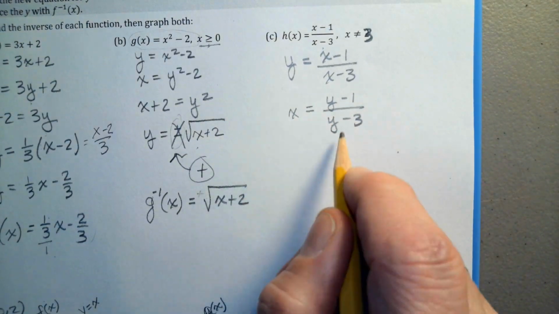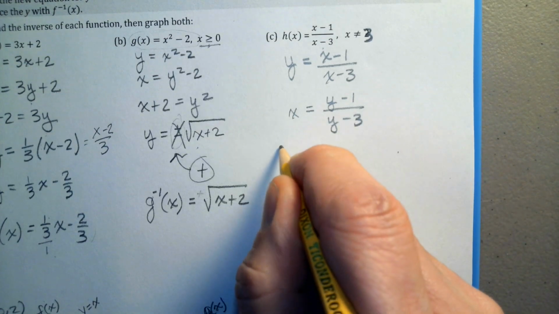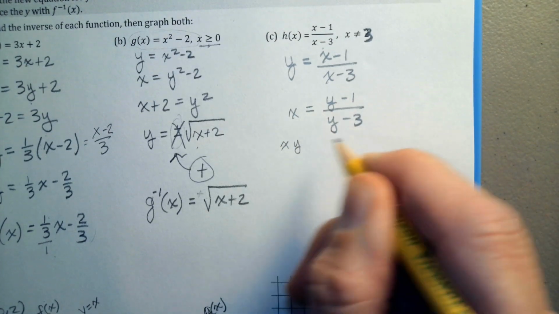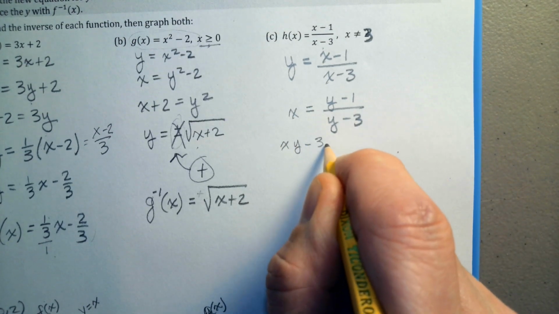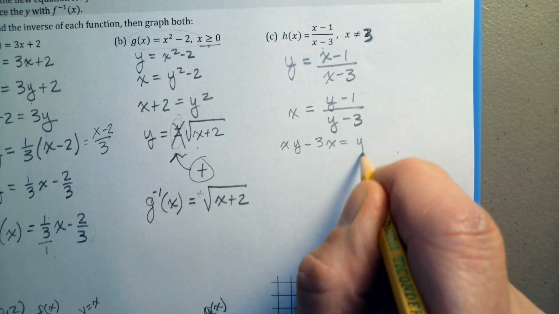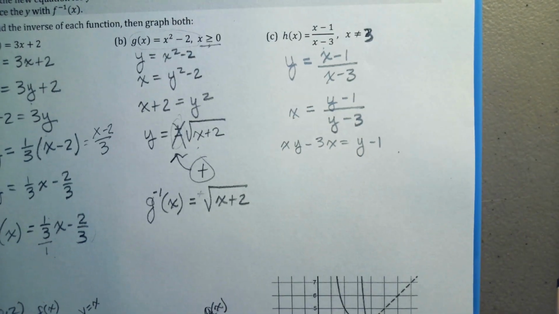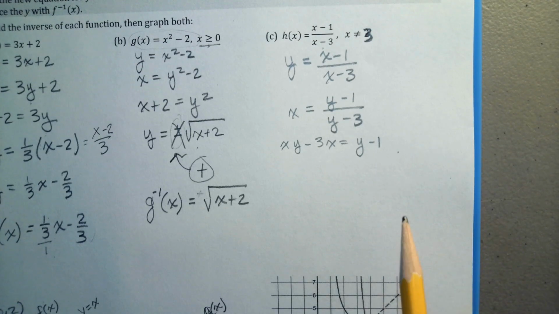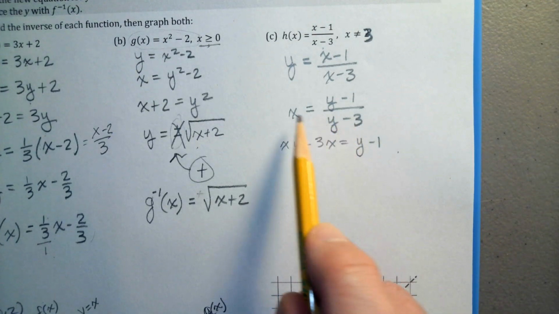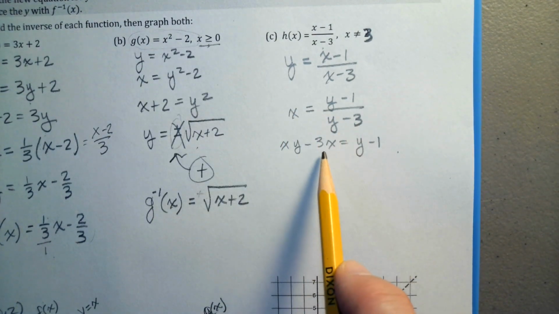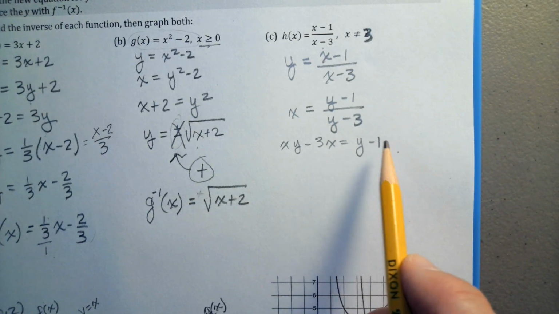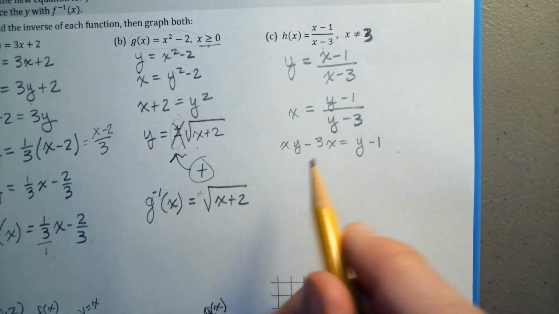So we're going to multiply both sides by this denominator. So we get xy minus 3x equals y minus 1. Okay, so I multiply both sides by y minus 3, distributed the x to both of those. And now I want to move the y's to one side, the non-y's to the other.